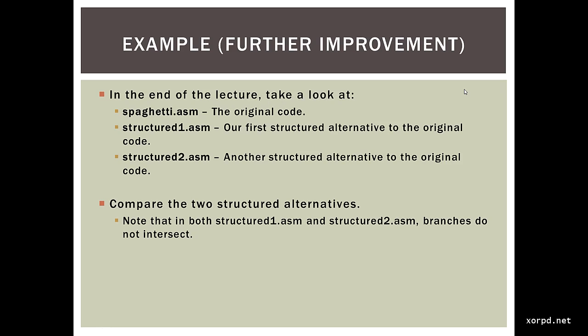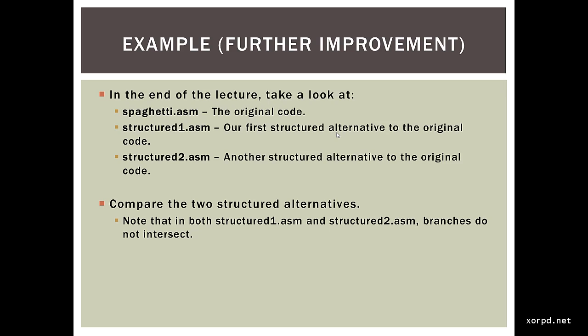Some further improvement for the example. If you have time, in the end of the lecture, take a look at spaghetti.asm, which is the original code, and those 2 other files, structured1.asm, which is our first structured alternative to the original code, which we have just discussed, and then take a look at structured2.asm, which is another example of structured alternative to the original code.